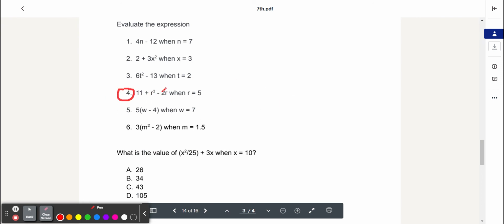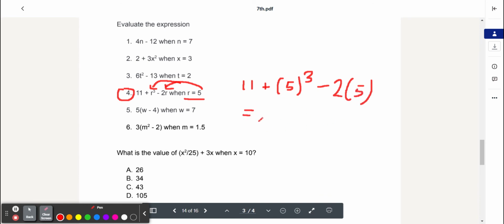11 plus r cubed minus 2r when r is equal to 5. So if you remember, we just plug in 5 into all these r's. So just 2 r's, 11 plus, and this is 5 cubed because the r was being cubed, minus 2 times 5.